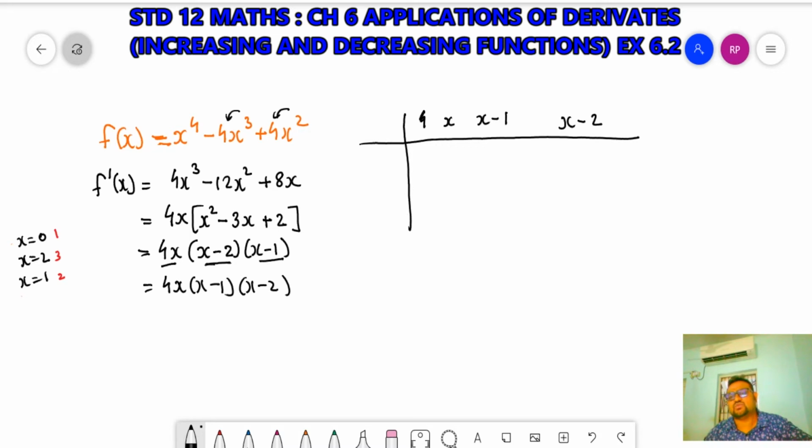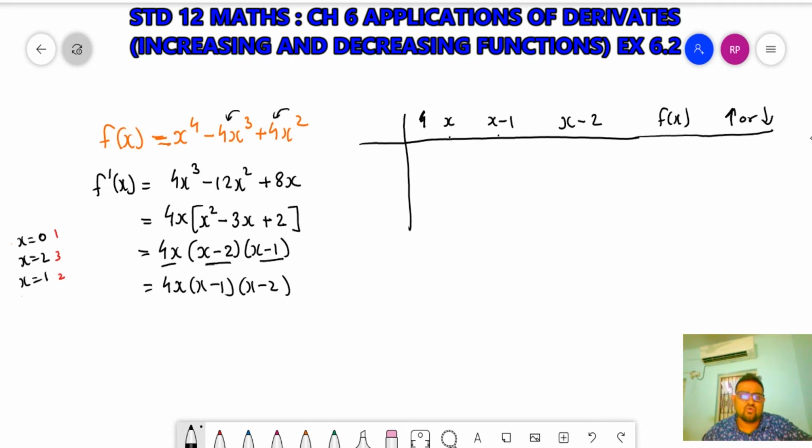Clear? So 4 will always be positive. So I need to take care of x, x minus 1, and x minus 2. And then I will check about f dash x, where I will write increasing or decreasing.